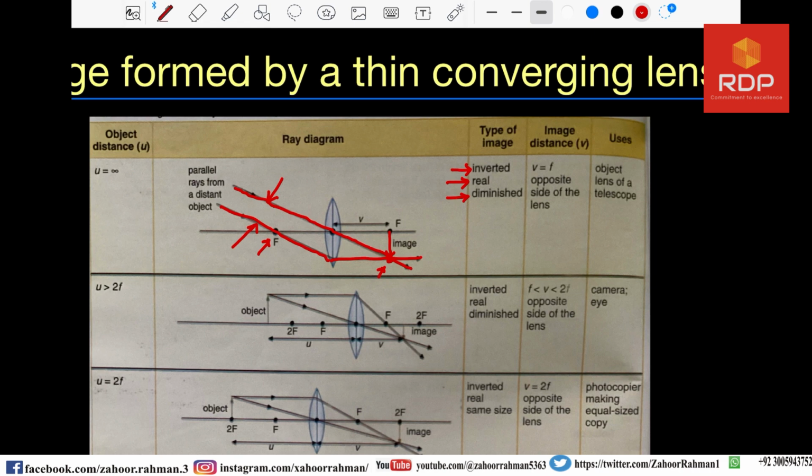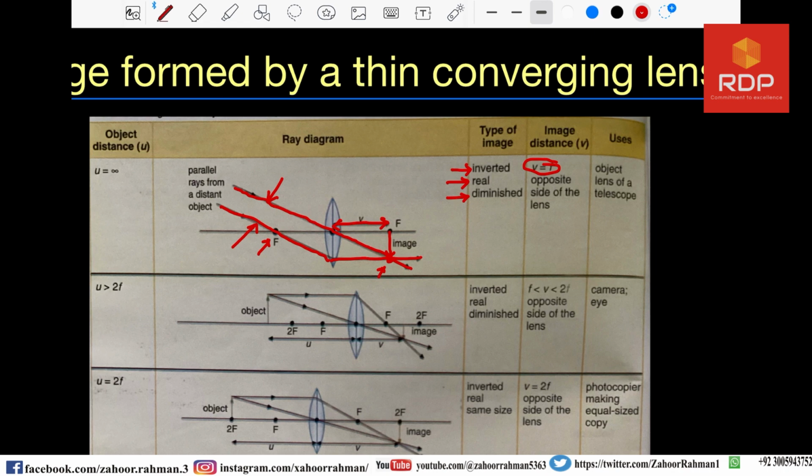You can see that this distance is equal to the focal length as well, because that small spot is showing the focal point. Both are at the same place. So here we are writing that v is equal to f, and the image forms on the opposite side of the lens.